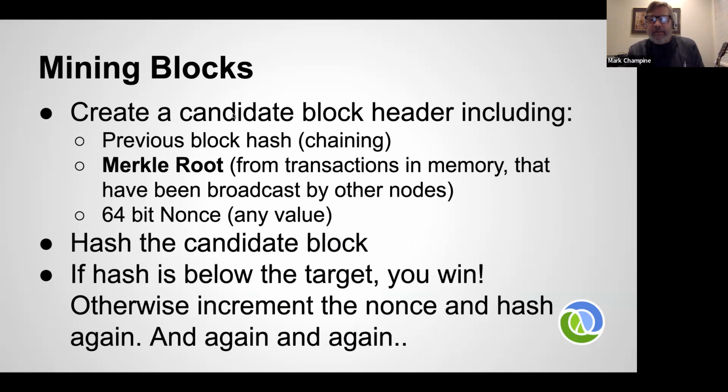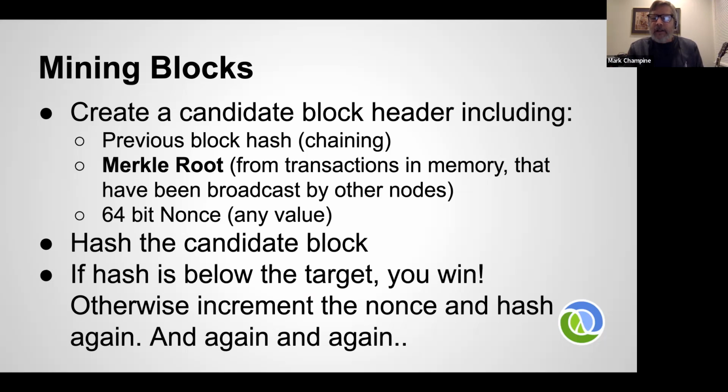So what goes into this hash calculation? As we said, we had the previous block hash to chain it to the block before. We have the Merkle root that is calculated over the spending transactions in memory. By the way, these spending transactions are occurring all over the network.